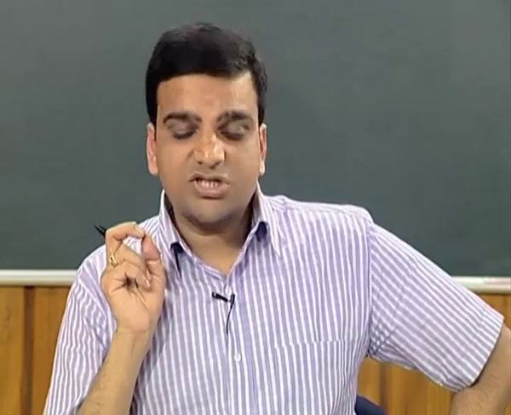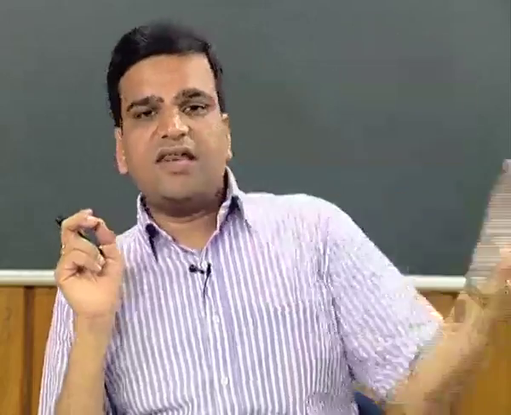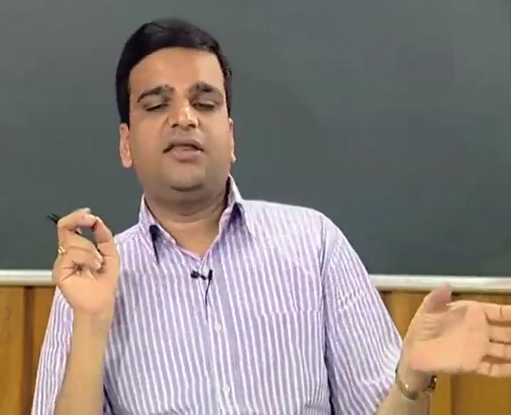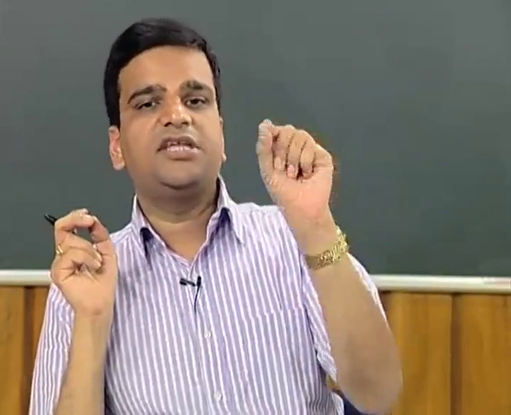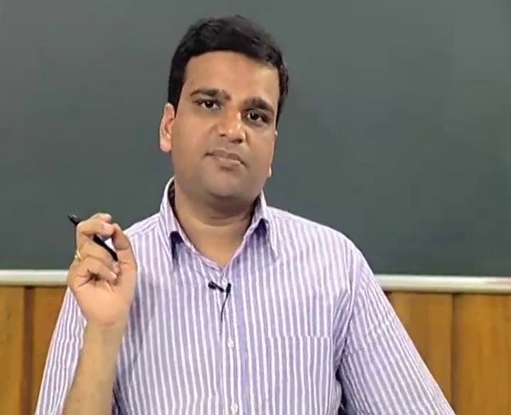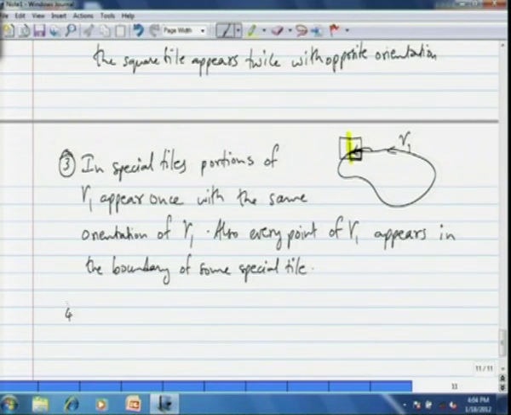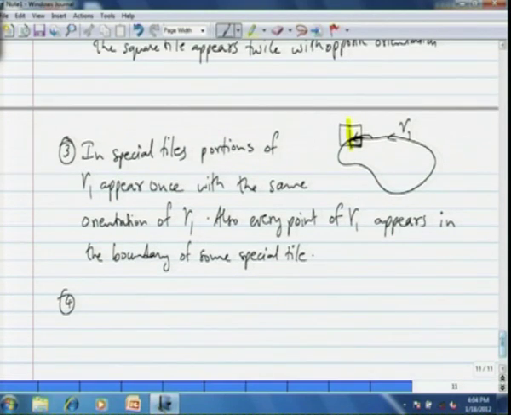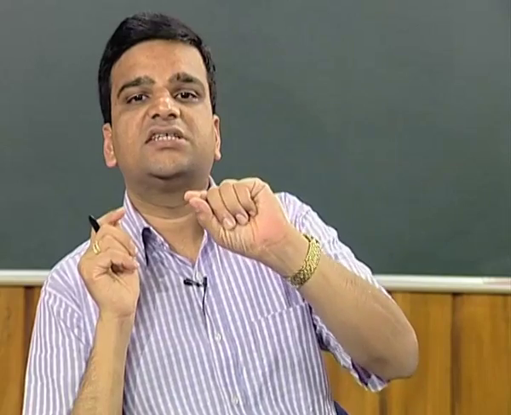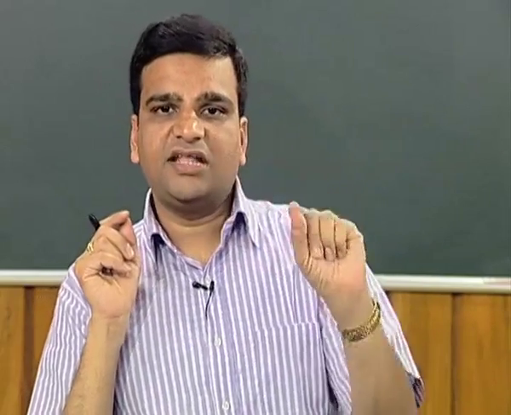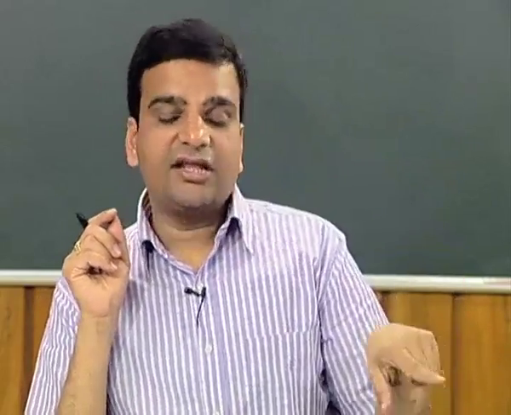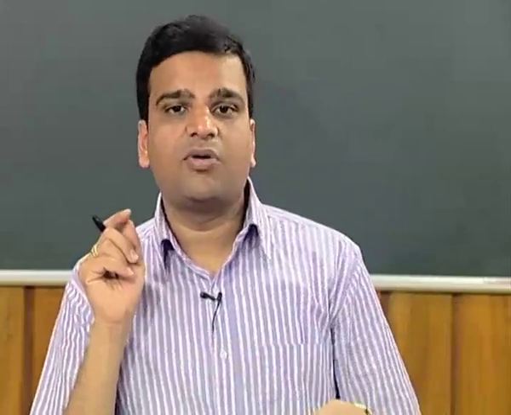And also, since we are tiling all of the complex plane, each point of gamma 1 has to fall in some square tile. And also notice that when you orient these special tiles in the positive sense, that tallies with the orientation of gamma 1.